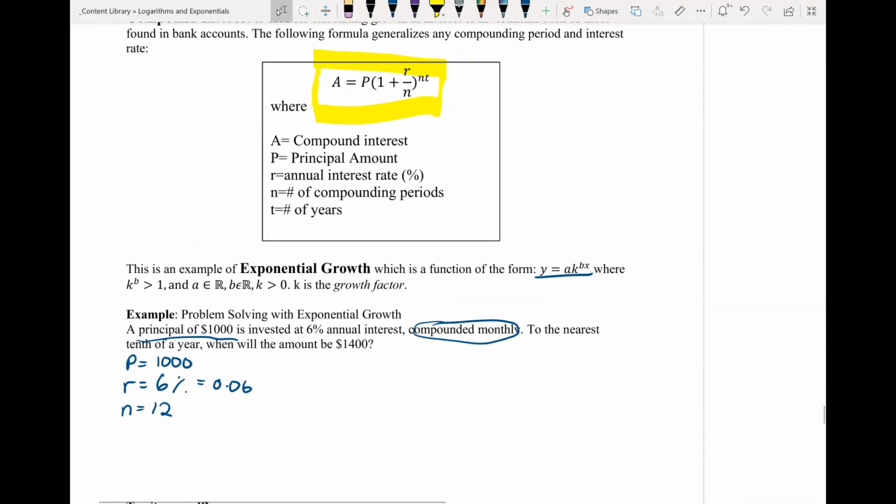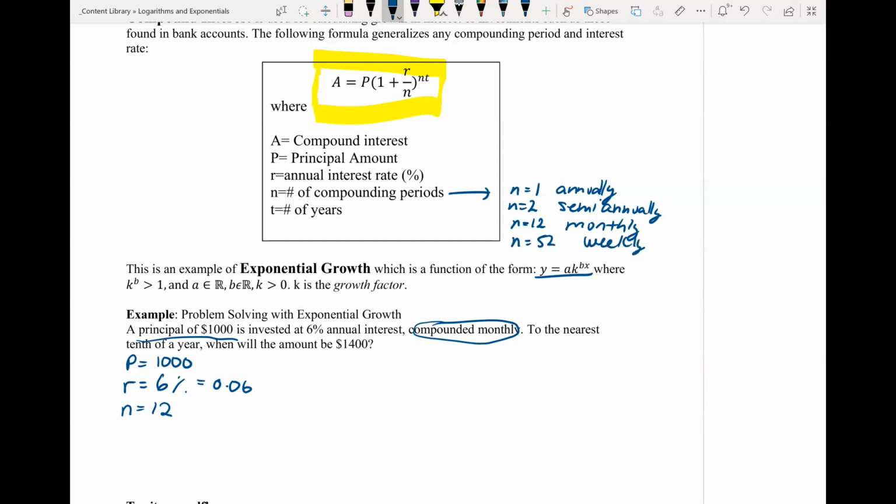Now, as a summary for these N values, N could be 1, which is annually. N could be 2, which is semi-annually. N could be 12, which is monthly. N can be 52, which is weekly.